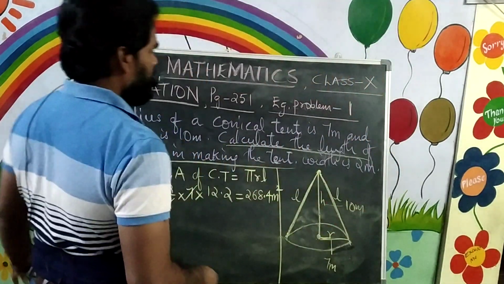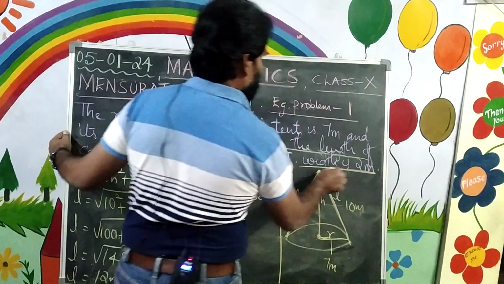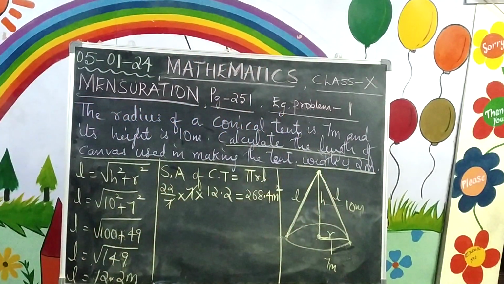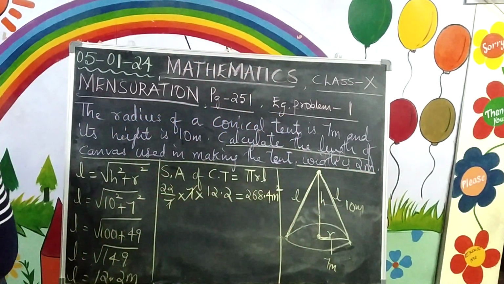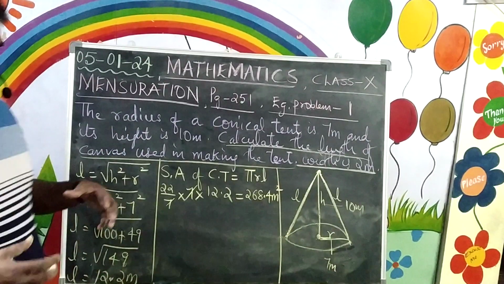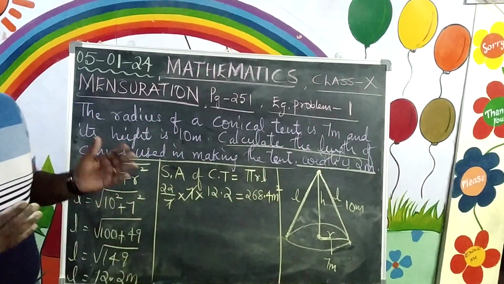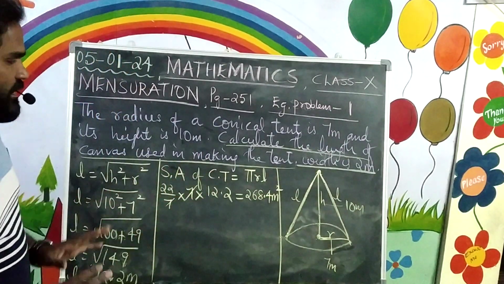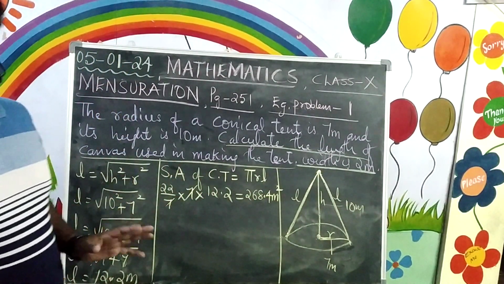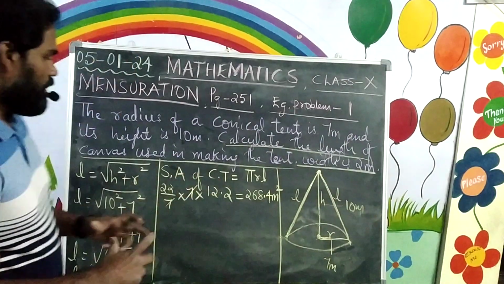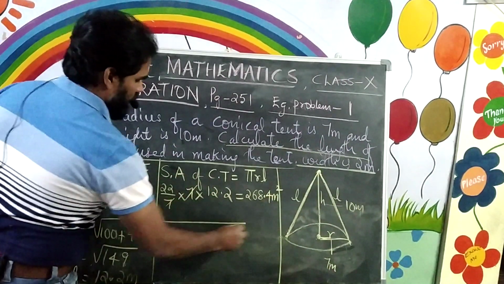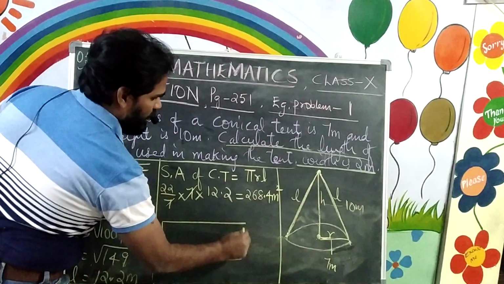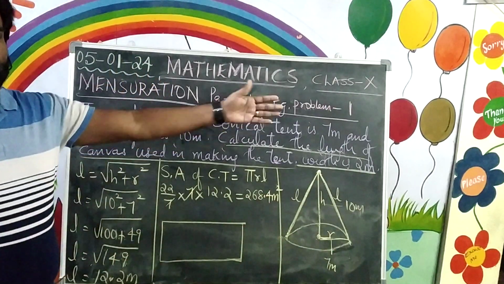It is also given that the width of the canvas is 2 meters. What is the meaning of that particular thing? You see, before anything is stitched, let it be a shirt, a pant, a sweater, socks, a handkerchief, whatever, all these things, before stitching there would be a cloth, unstitched cloth. There will be a long lengthy unstitched cloth.